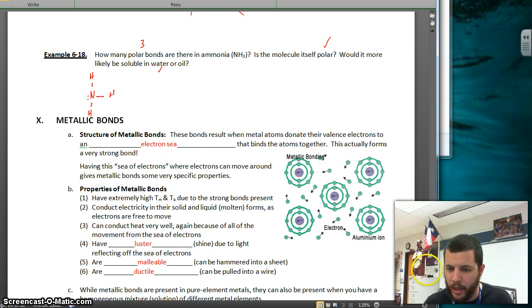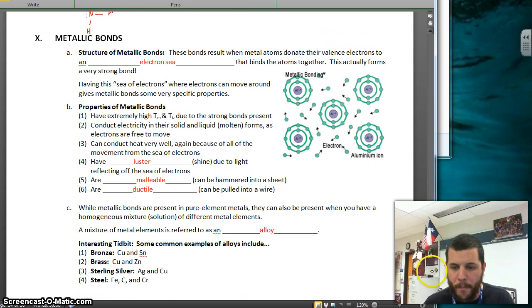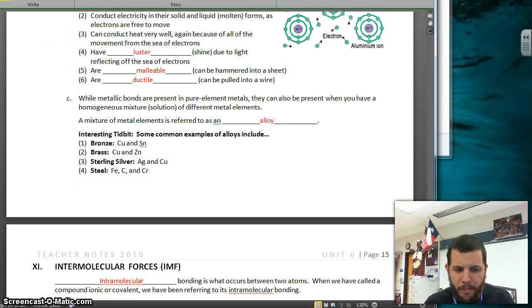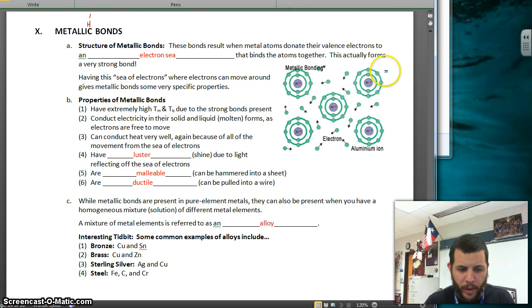Now let's take a very quick look at metallic bonds as well. There's not a lot that I need you to know about metallic bonds, so I'm just going to go over this real quickly in this same video. The only thing you need to understand about metallic bonds is that you've got a sea of electrons, and that's what's going to bond your metals together.